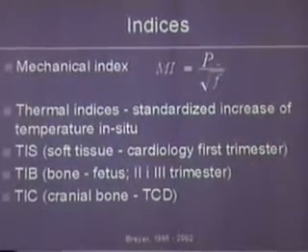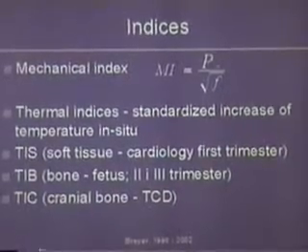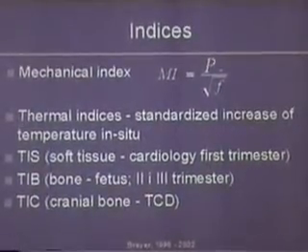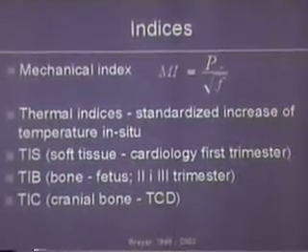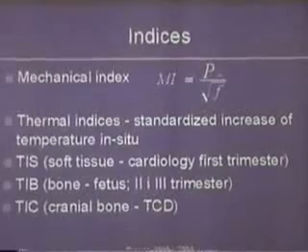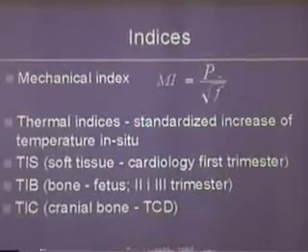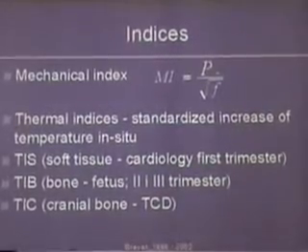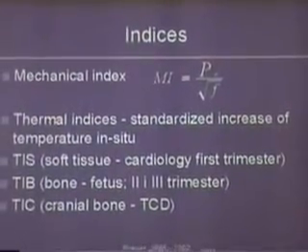So if you get a number of 2 on the screen, it means that the part you're looking at is going to heat up by 2 degrees centigrade, although it's a conservative estimation and it has a lot of limitations. So you shouldn't take it literally, but it's a guidance. And if you remember the slide which told us that we should not heat up more than 1.5 degrees Celsius above normal body temperature, that means that we want to have our thermal index less than 1.5. That's what we normally want to do.